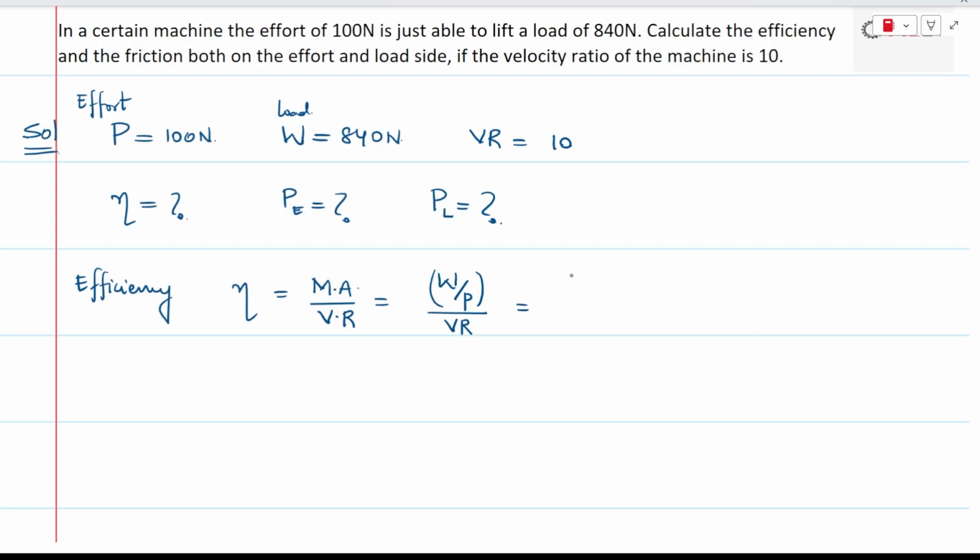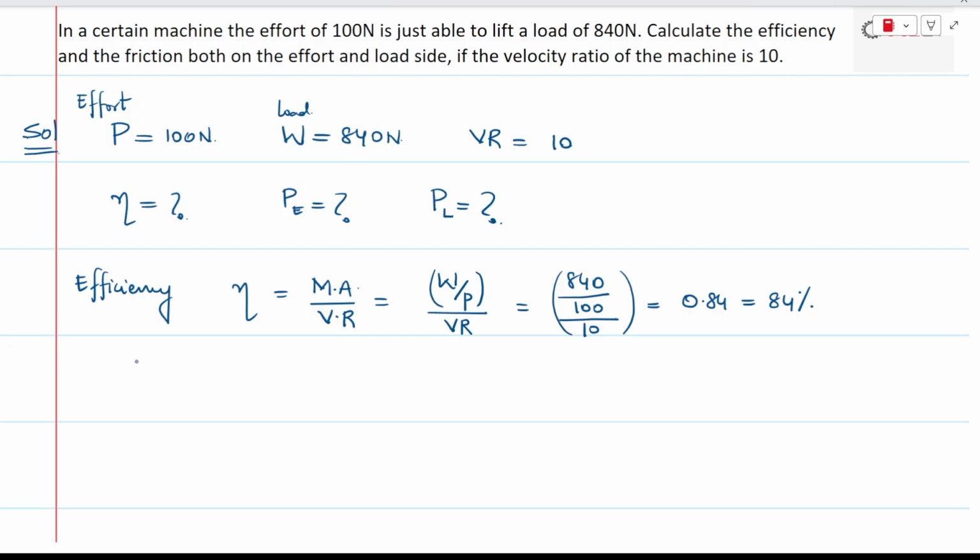This is 840 divided by 100, whole divided by velocity ratio 10. So this is 8.4 by 10, that is 0.84, which is equal to 84% if we multiply by 100.